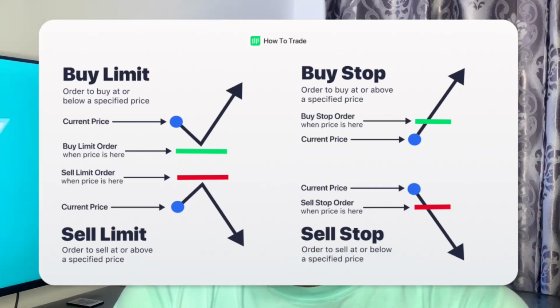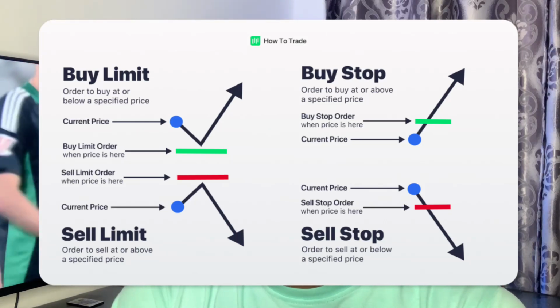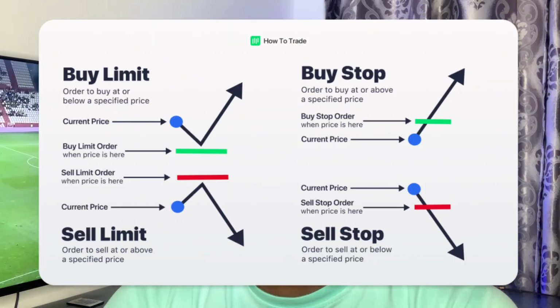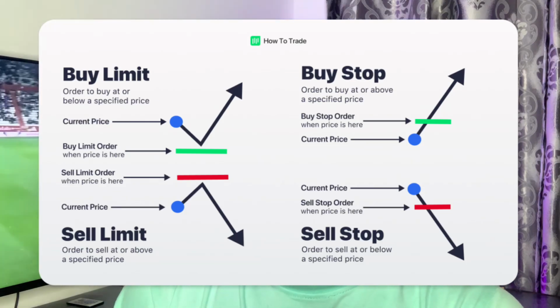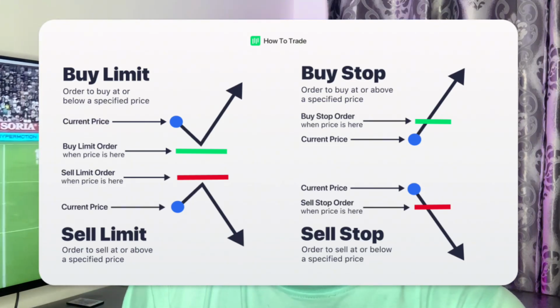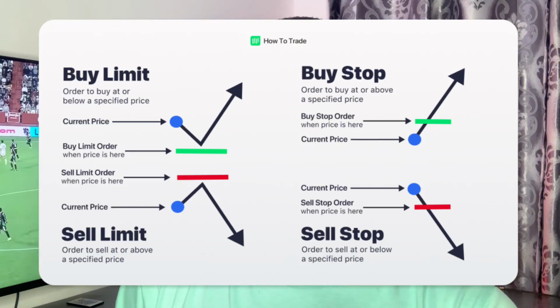So buy stop is the opposite of buy limit. With buy stop, you still want to buy, but this particular time the market is very low, to a point where you don't feel comfortable buying there, but you want to set a pending order, which is a buy order, that will be above the current market price. We have an analogy in trading that we say buy low and sell high.